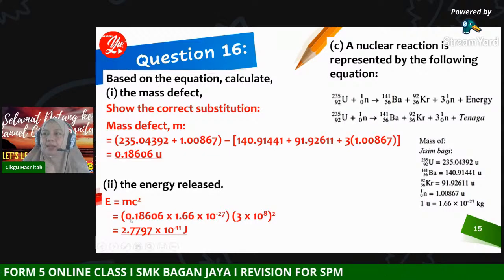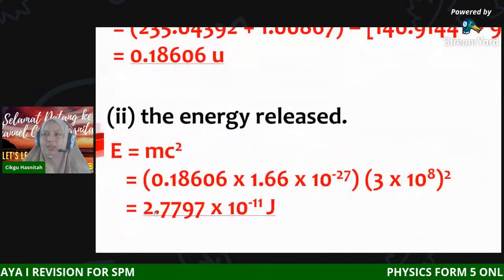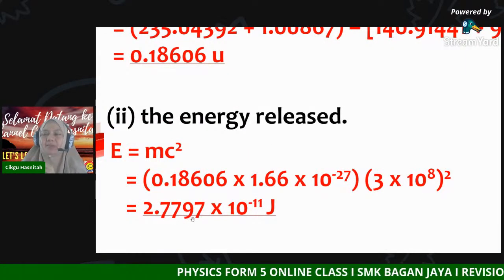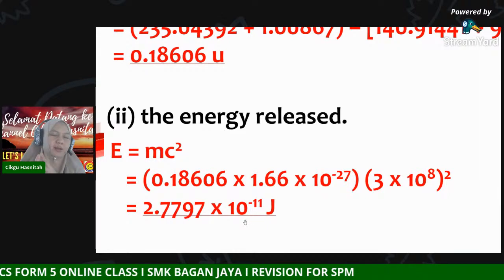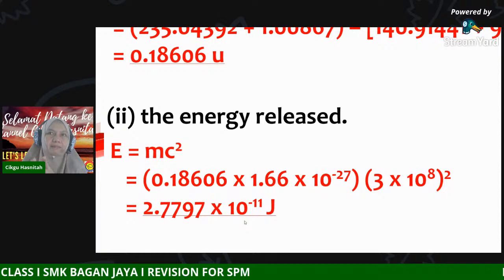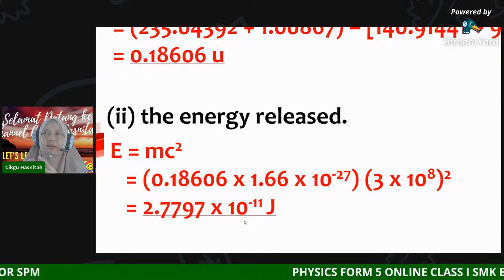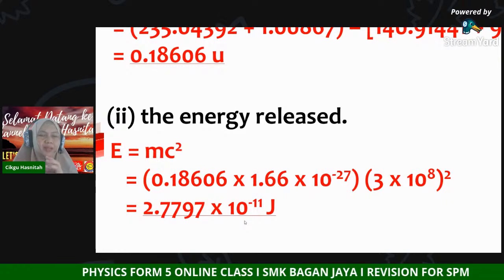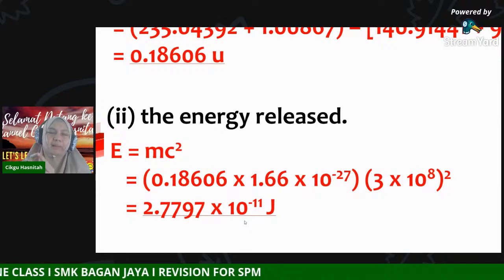So by this, the amount of energy released in this process is 2.7797 times 10 to the power of negative 11 joule. Remember when writing the final answer, you can write from 2 up to 4 decimal places. No need to write so many decimal places.